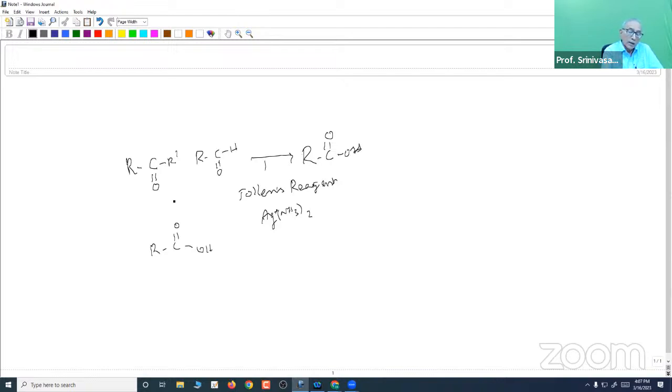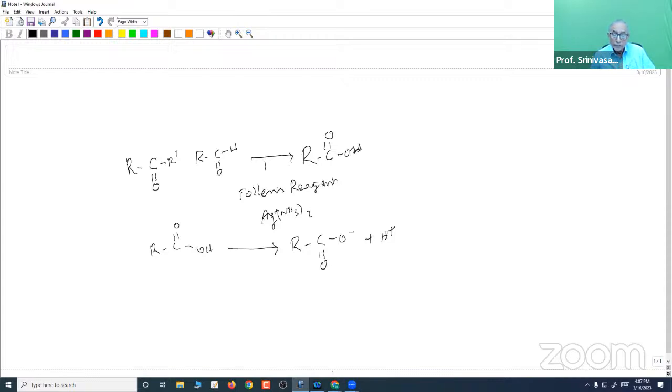Here, you have another oxygen atom, but one of the R groups is removed. These are ionized to the corresponding carboxylate anion and proton.